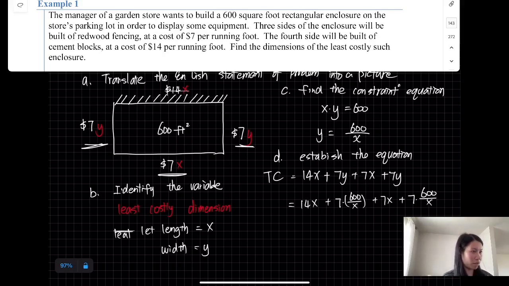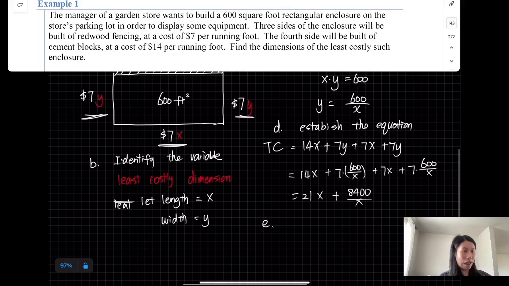I will get 21x plus 8,400 over x. So that is my total cost function. And the next step is I am going to use calculus to find the optimized value.